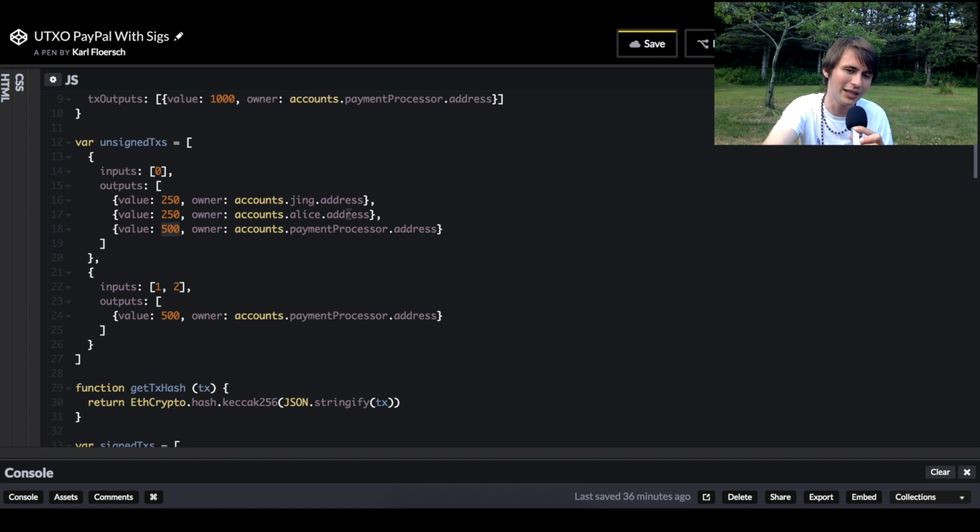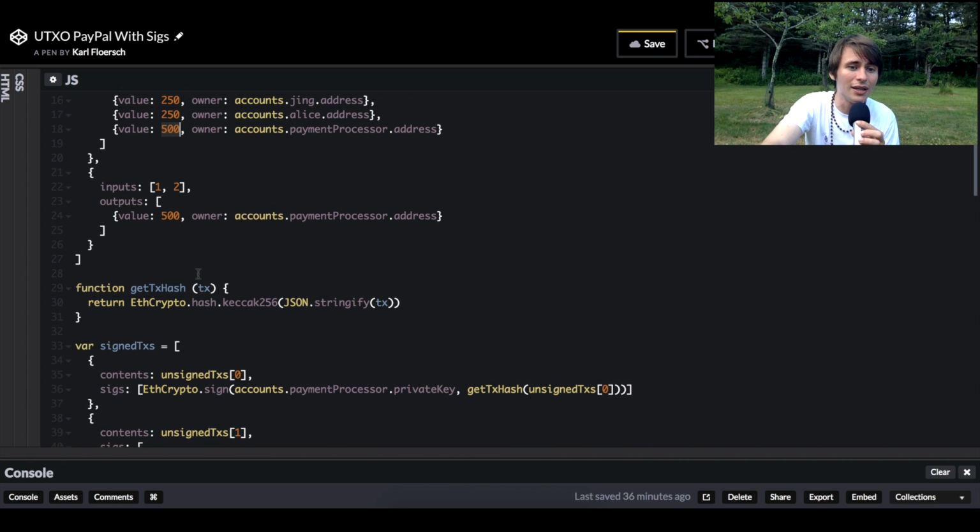So the payment processor, in reality, is sending 250 to Jing, 250 to Alice, and keeping 500 for themselves. So now the second transaction is actually Jing and Alice pooling their money together to send their money back to the payment processor. So, for some reason they didn't like those coins and they just wanted to send them right back.